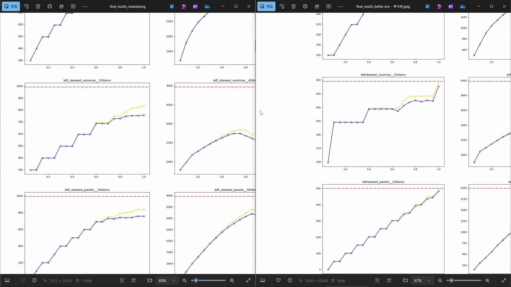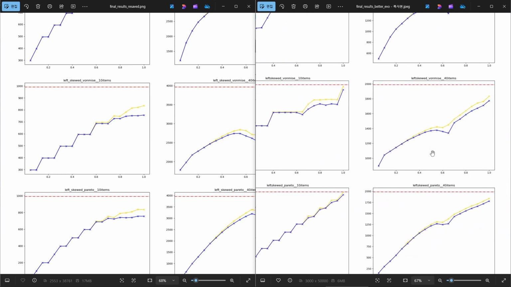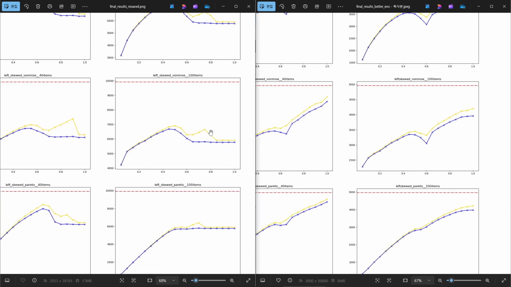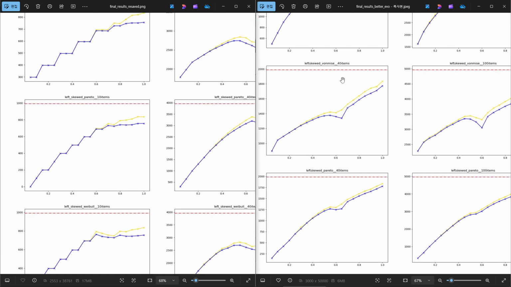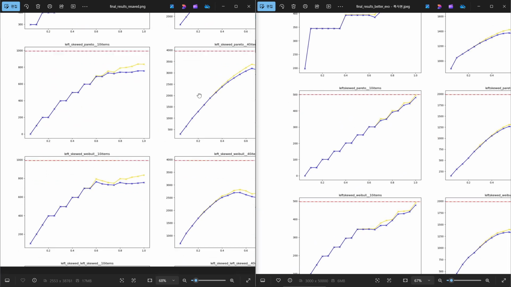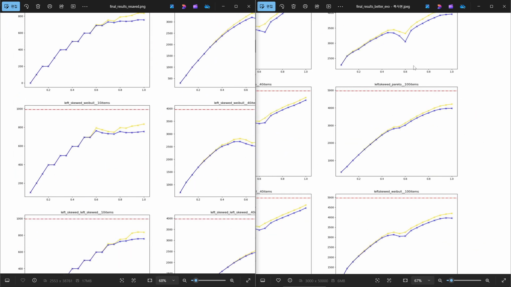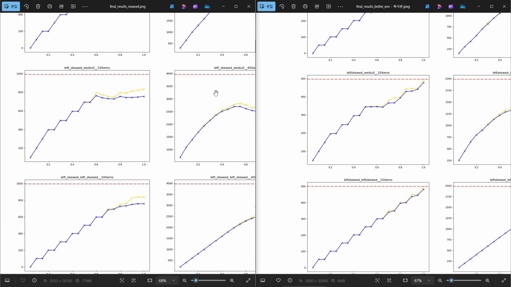Well, there we go. Made a huge step there. You know, a big improvement there. Left skewed Pareto. Left skewed variable.